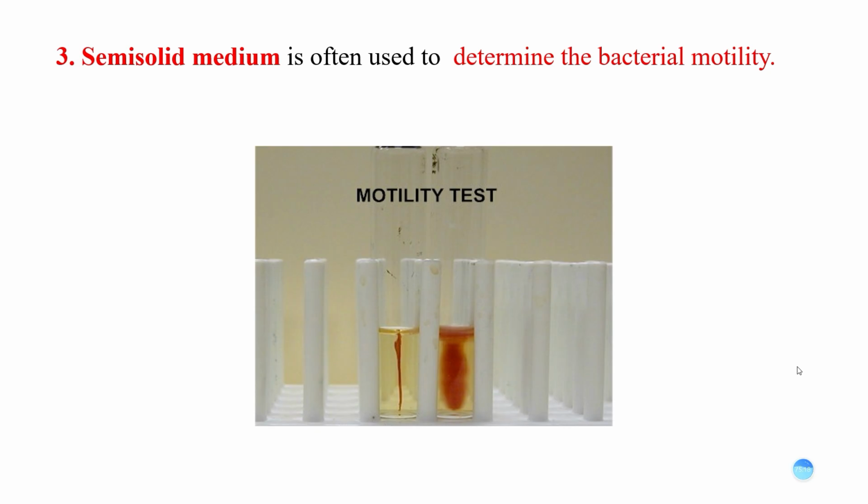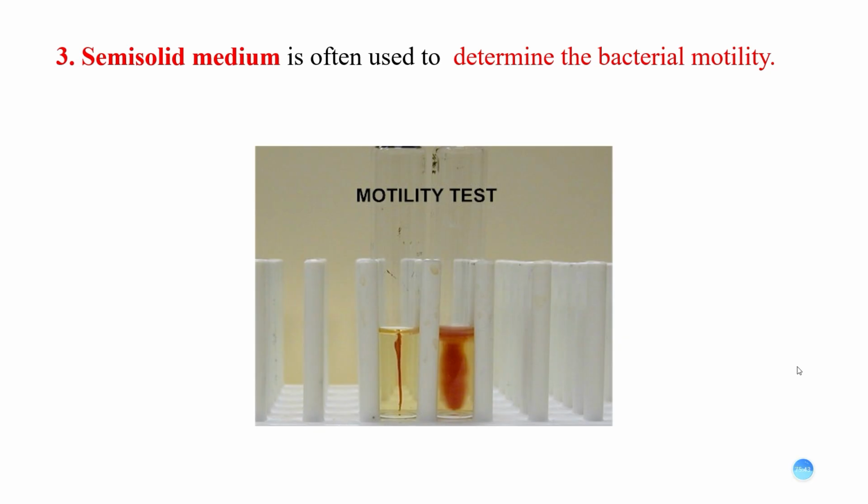Because the agar concentration is low, there should be some big holes between the agar molecules, so that when you culture the bacteria in this semi-solid medium, if they can swim, they can still swim in it. So this is useful to study bacterial motility.